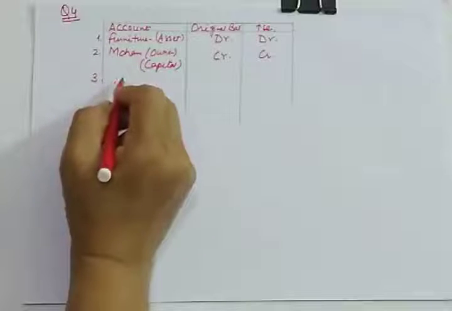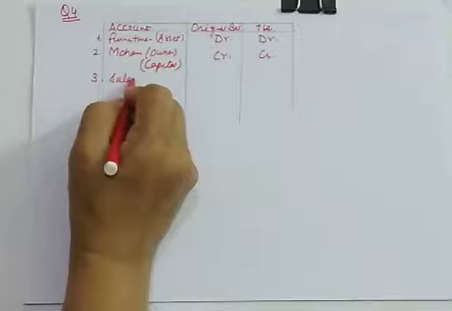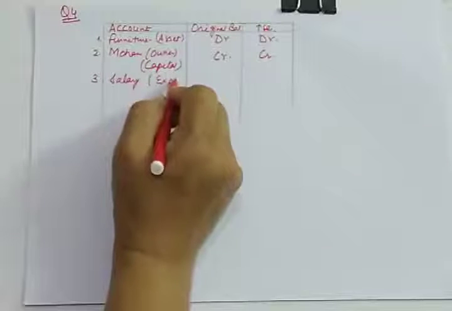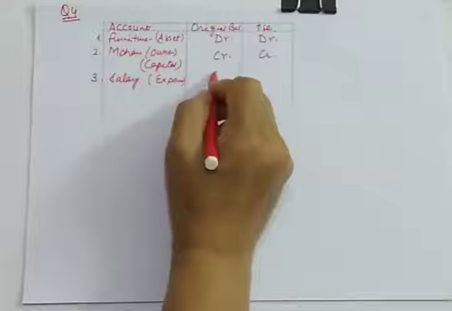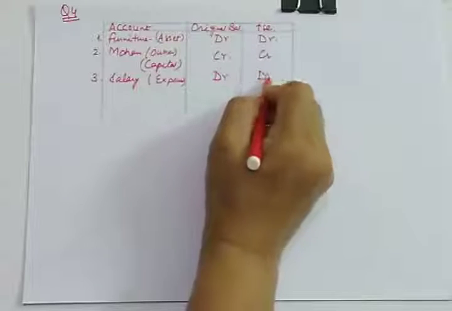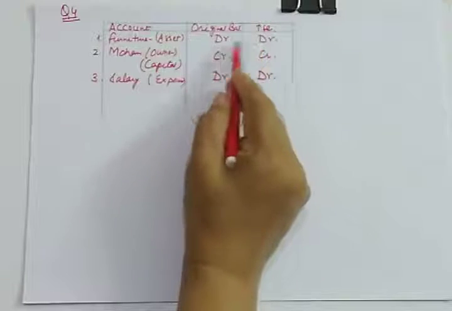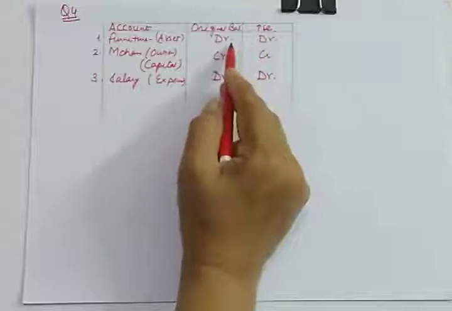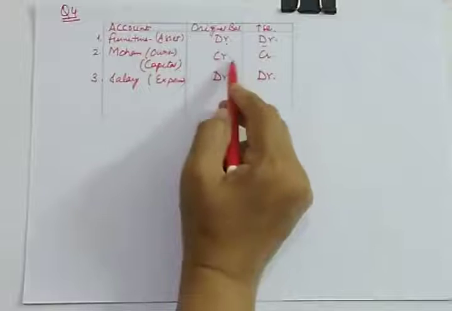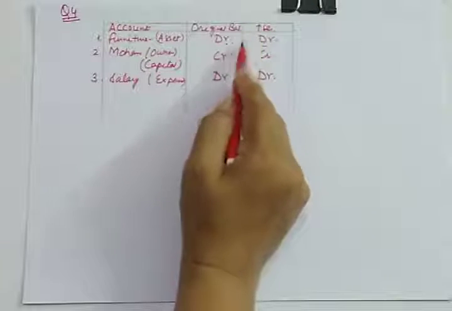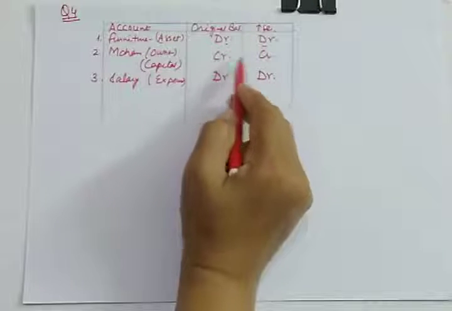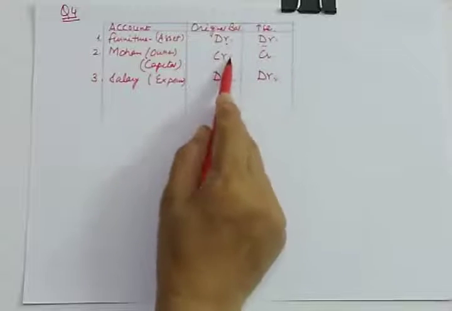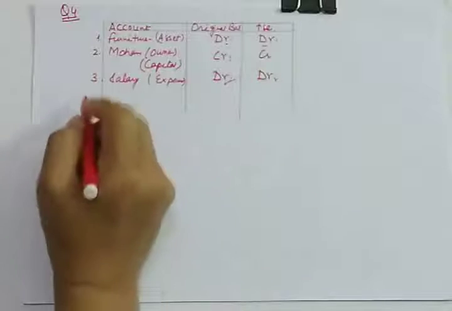Third account is salary, and this is an expense. Original balance debit, and increase is also debit. So you can observe, whenever we need to increase the balances, we are writing the same side: original balance debit, increase is also debit; original balance credit, increase is also credit.